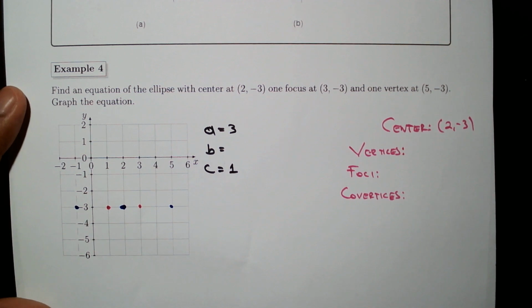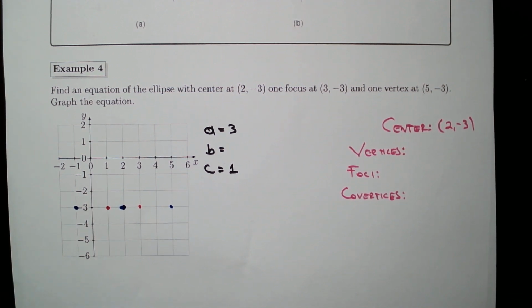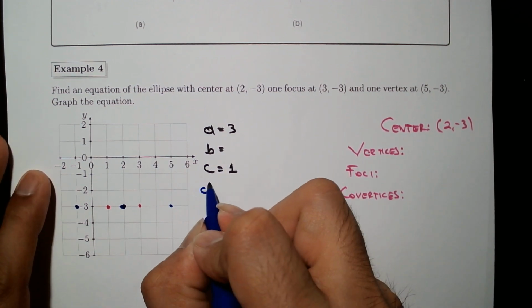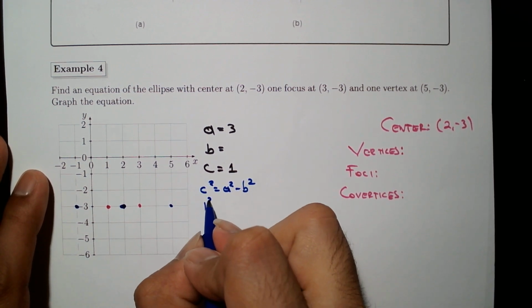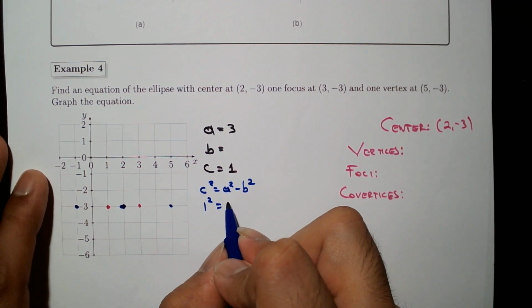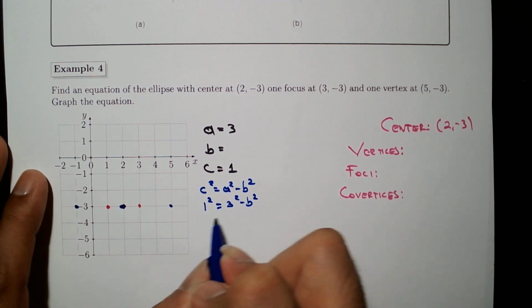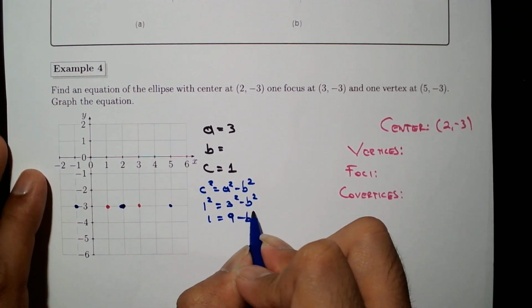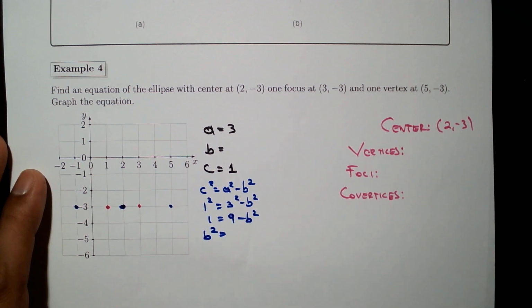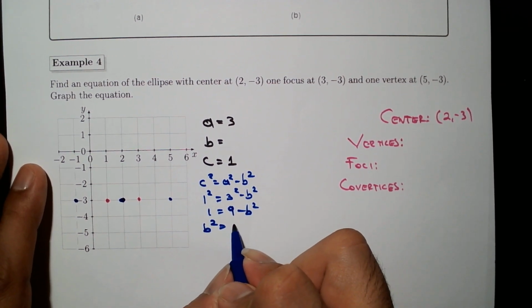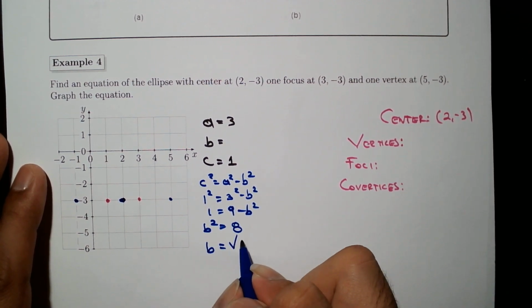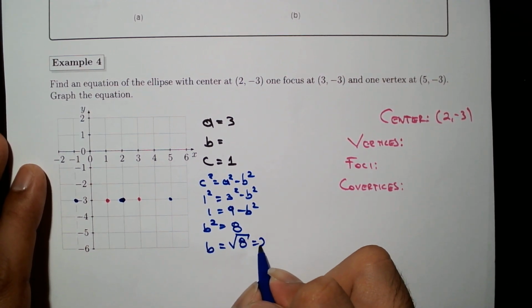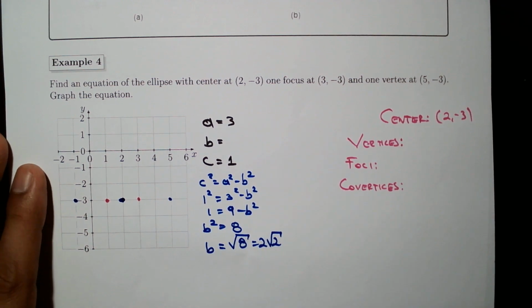Now let's find the quantity b using the formula c squared equals a squared minus b squared, where c squared, that's 1 squared, equals a squared, which is 3 squared, minus b squared. That's 1 equals 9 minus b squared. So b squared, very similar to one example we already did, is 8. And b will be the square root of 8, which is 2 times the square root of 2.